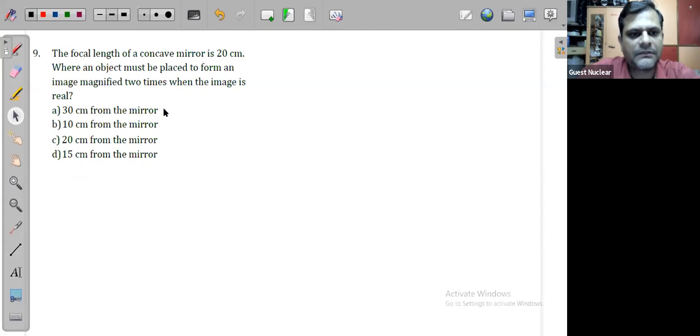It tells us that the focal length of a concave mirror is 20 centimeter, where an object must be placed to form an image magnified 2 times when the image is real.